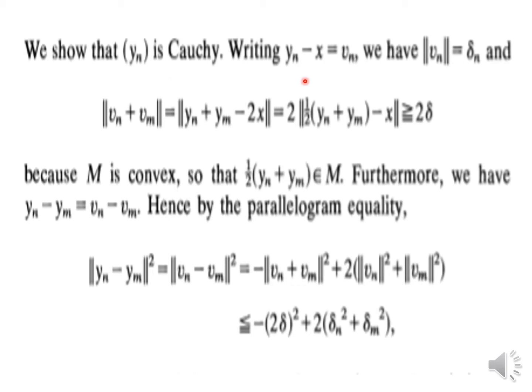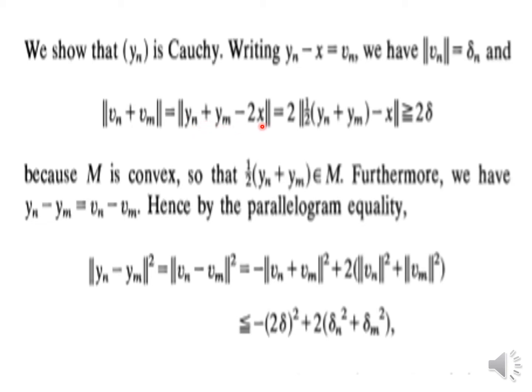Write yn minus x equal to Vn, and similarly ym minus x equal to Vm. We have the norm of Vn is equal to delta n, similarly the norm of Vm is equal to delta m.